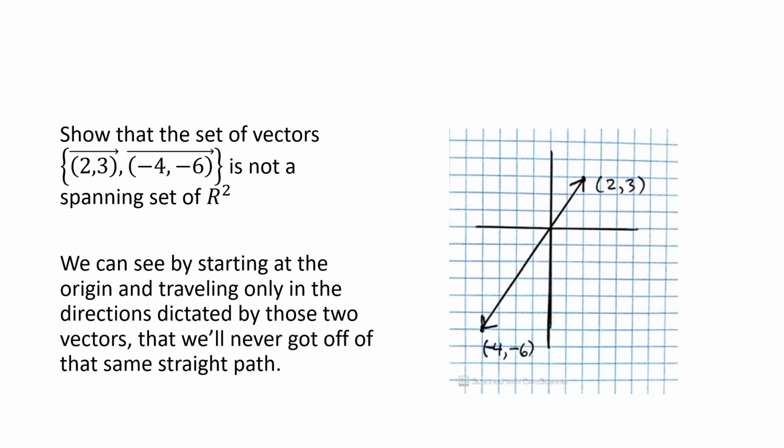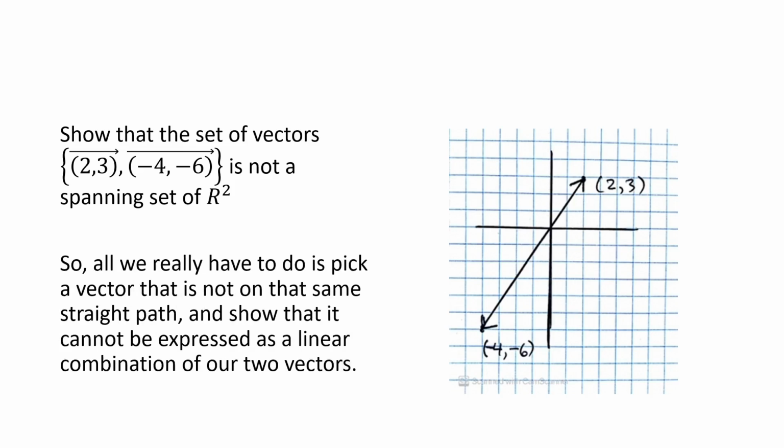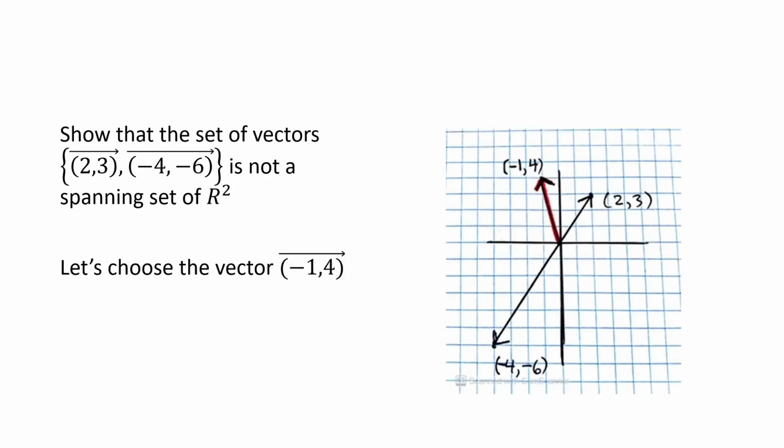So we can see by starting at the origin and traveling only in the directions dictated by those two vectors, we'll never get off of that same straight path. So all we really need to do is pick a vector not on that same straight path and show that it cannot be expressed as a linear combination of our two vectors. So we choose the vector (-1, 4). We could have chosen the vector (5, -1), or (-6, 0).